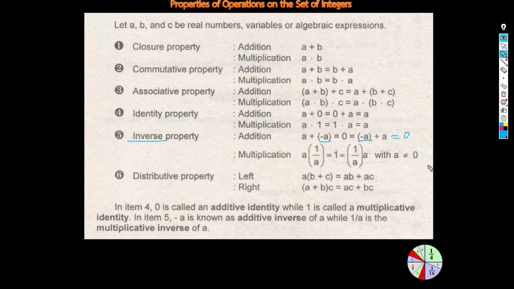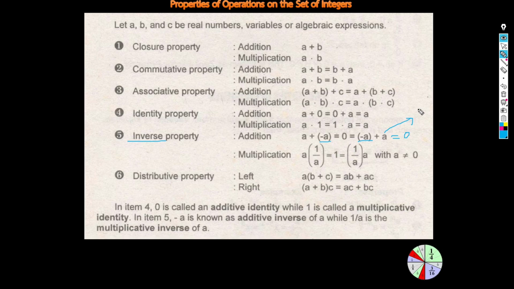So when you add the inverse of the given number, the additive inverse, for example, a plus the additive inverse of a, it will give you a 0. I will give you an example here.